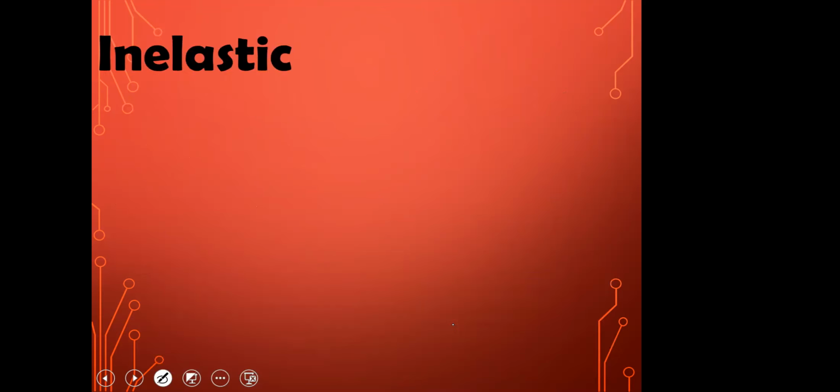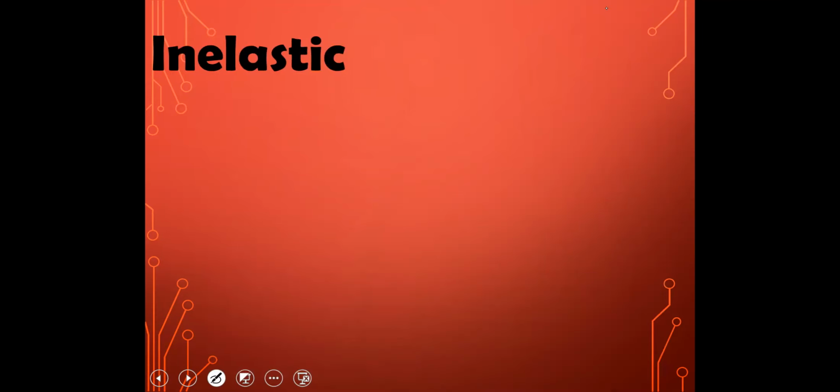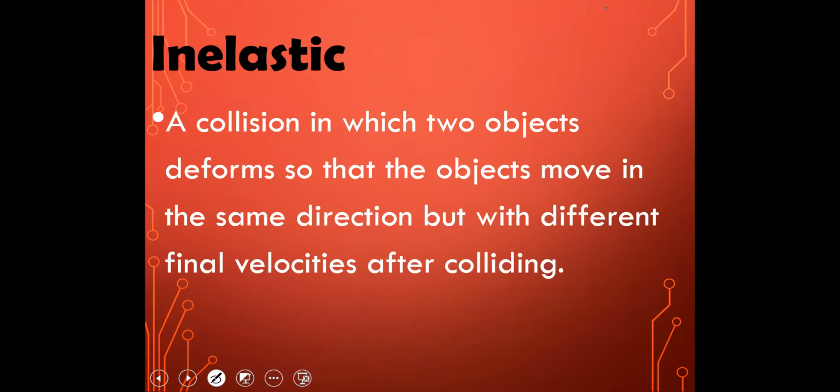Now let's see the inelastic. Inelastic is a collision in which two objects deform. So we have a deformation, a change in the size or the shape. Imagine that you have a car that collides with another car.